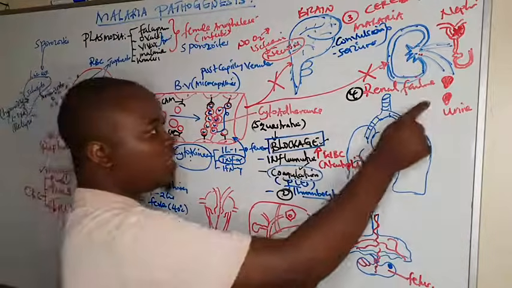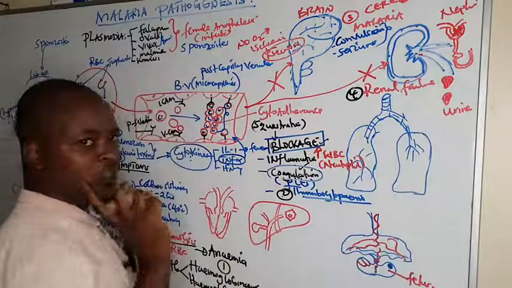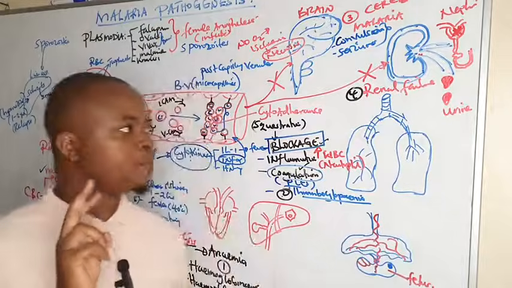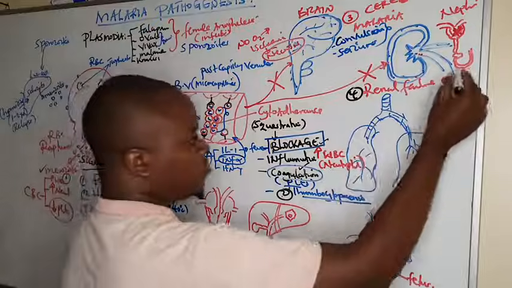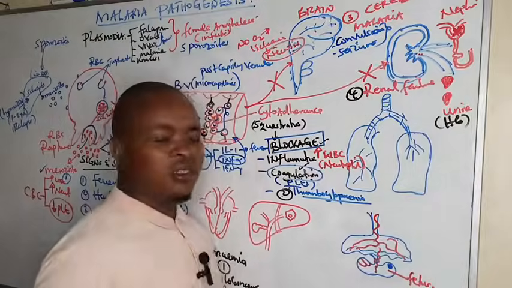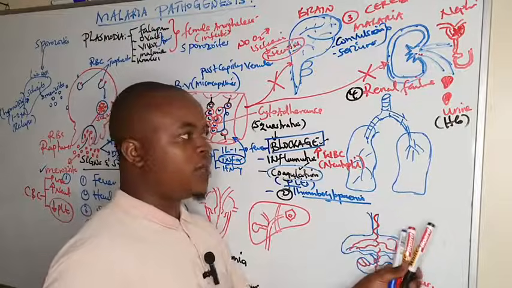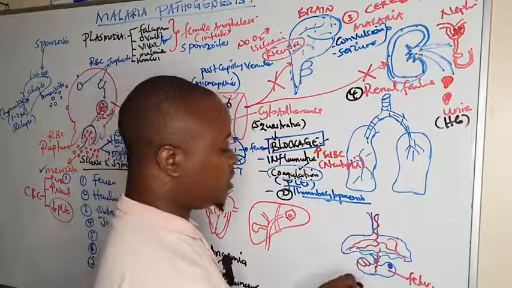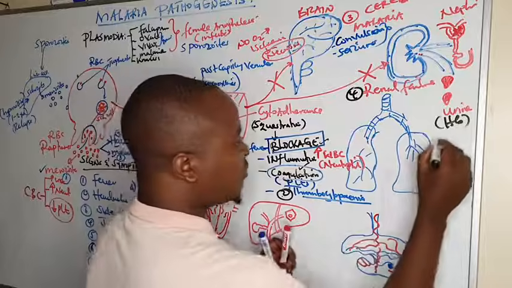Since there is much hemoglobin in the blood, it is also going to be found in urine. So there is presence of hemoglobin in urine, which we call hemoglobinuria, leading to a condition known as black water fever.